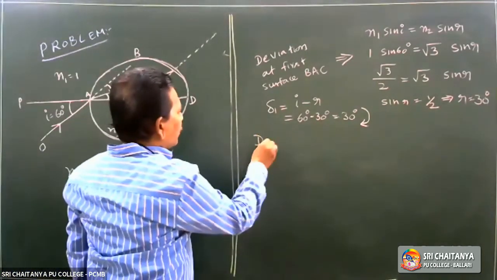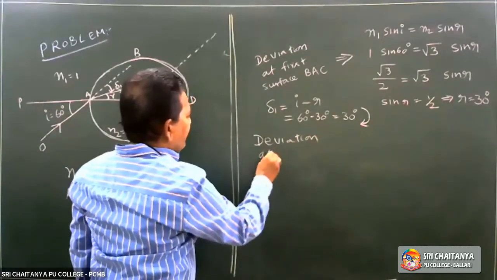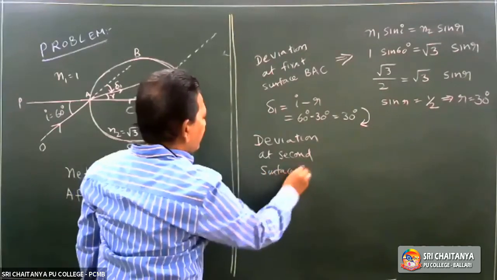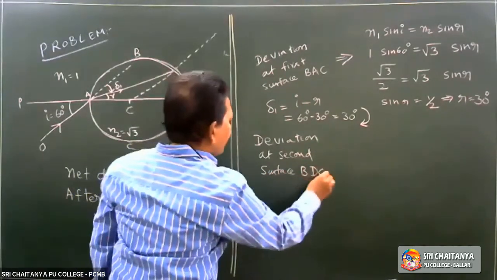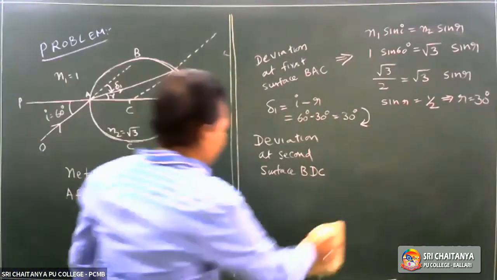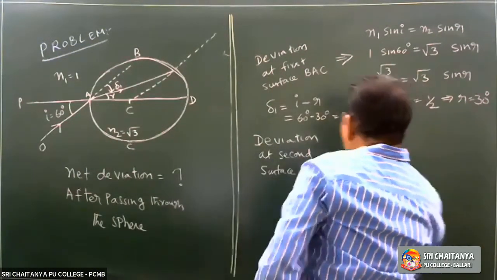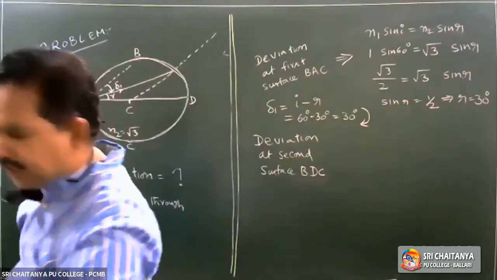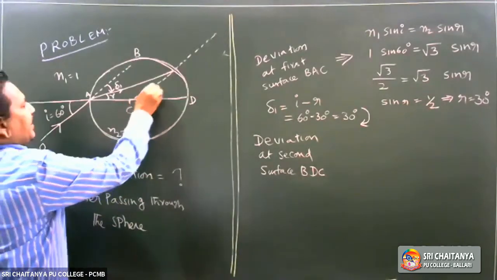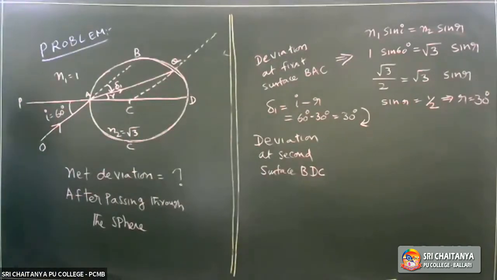Now we are going to calculate the deviation at the second surface, B, D and C. How to find it? First draw the normal. Which is the normal? From C to any point. Let us consider Q. CQ is the normal.